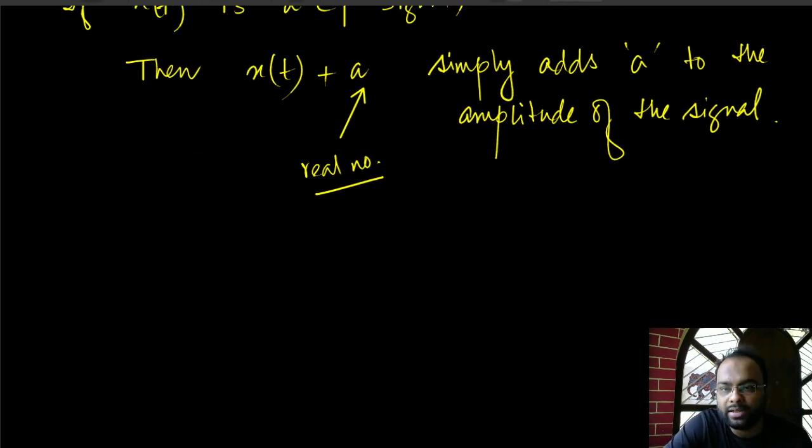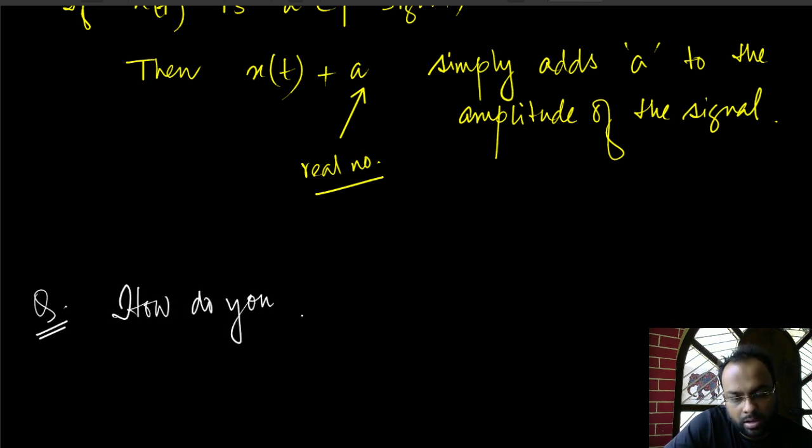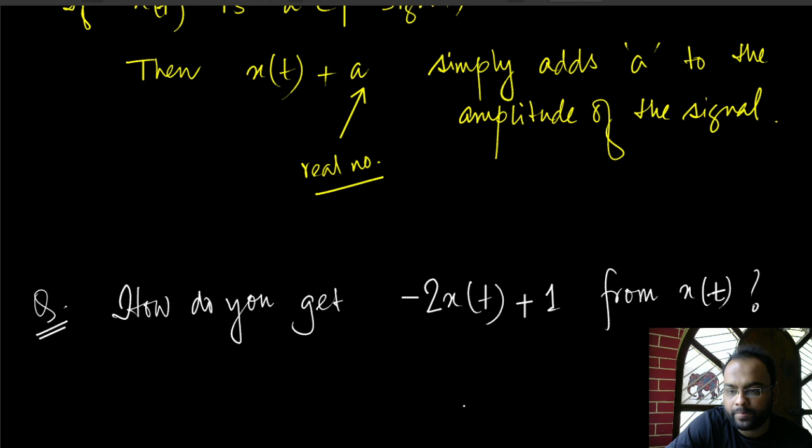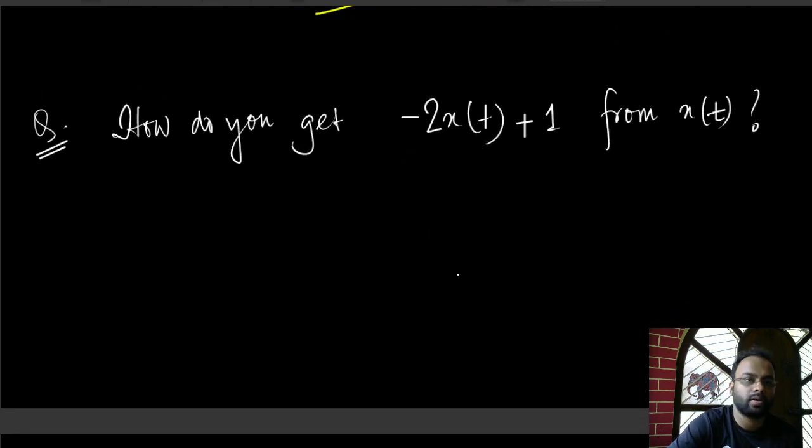So with that said, let me ask you a question. Now this is my question. I have x(t) as an original signal.